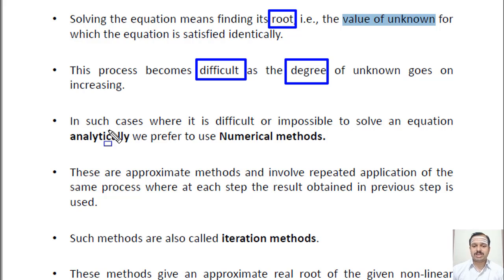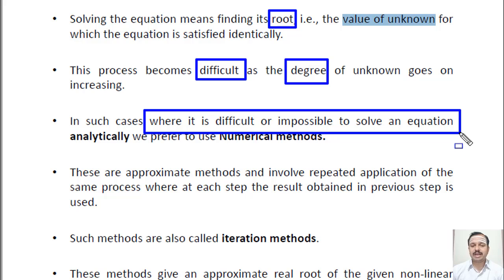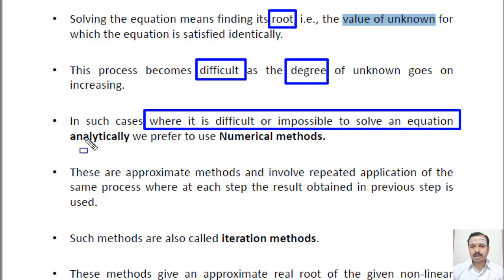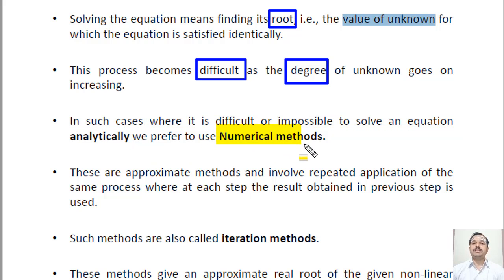So in such cases where it is difficult or impossible to solve an equation analytically, this is very important, we prefer the methods which are called the numerical methods. So what are the numerical methods? Numerical methods are the methods which give us approximate solutions.